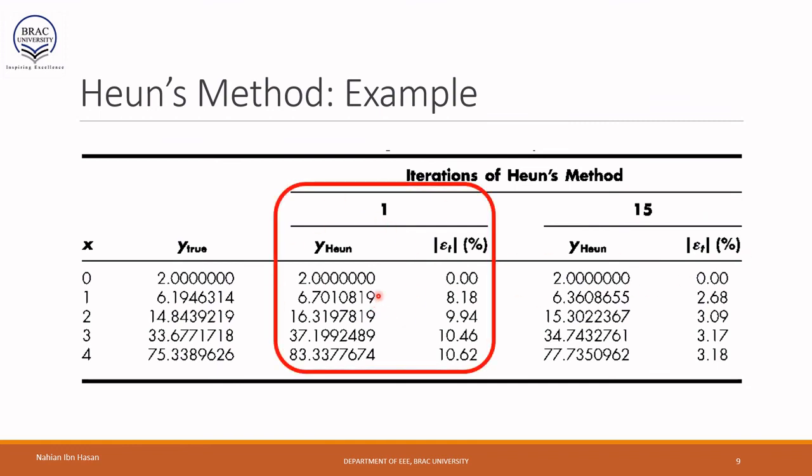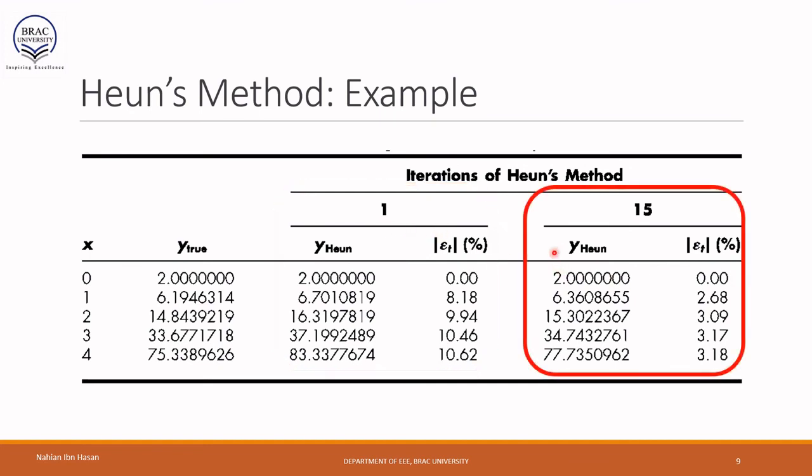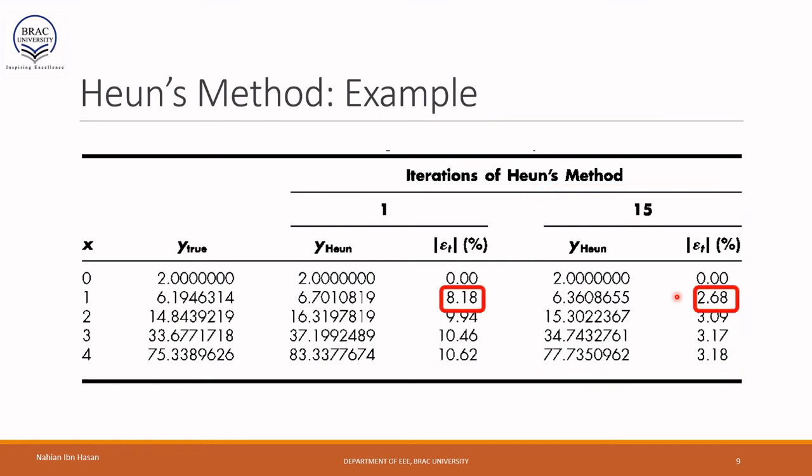You see there are two different columns. These are the results whenever we are using a single iteration in Heun's corrector equation. And on the right hand side we have the results whenever we are using 15 different iterations within a single step. As a result the difference is very straightforward.